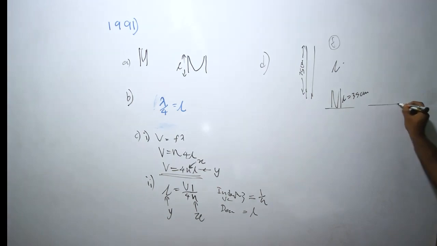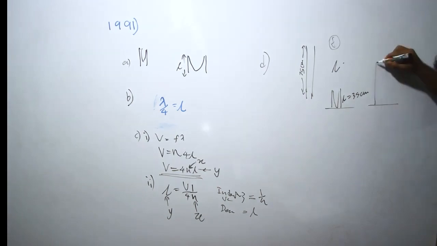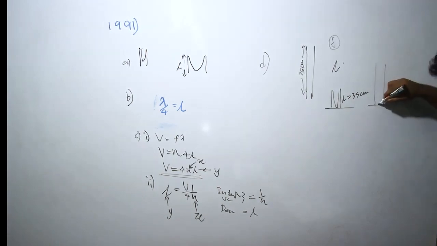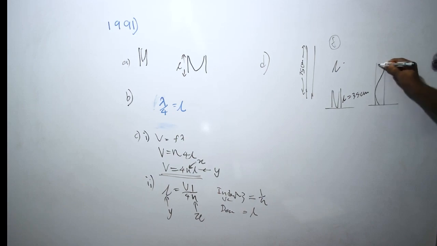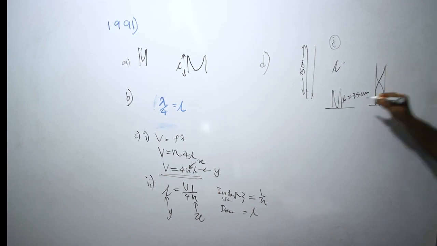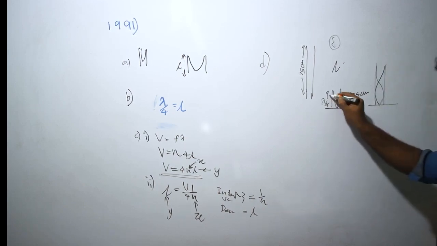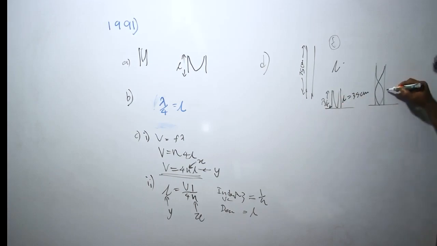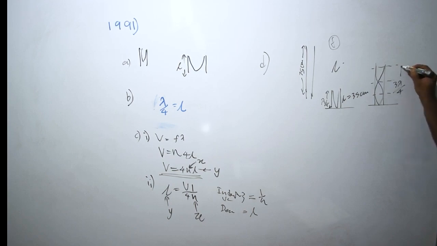So what's the thing? Another resonance length is like this, right? In order to make this wave pattern, here you only need lambda over 4 length. Here you need 3 lambda over 4. Lambda over 4, lambda over 4, lambda over 4. So you need 3 lambda over 4 length.